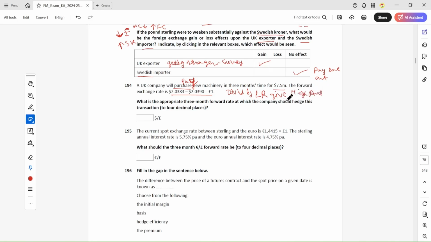So when we go and pay, we have to pay more, but when we receive, we get less, right? So we are always at the worst rate.